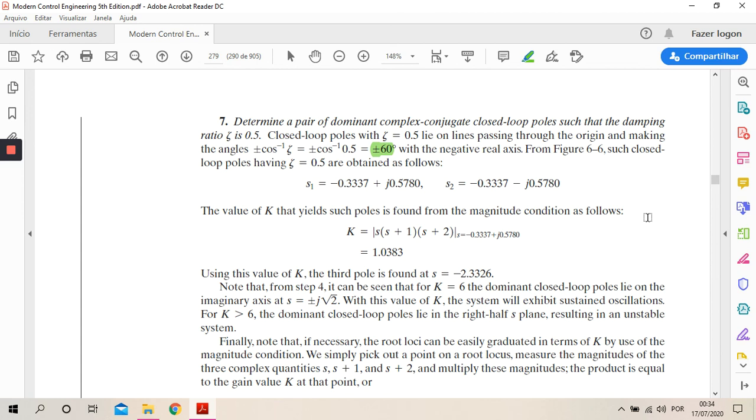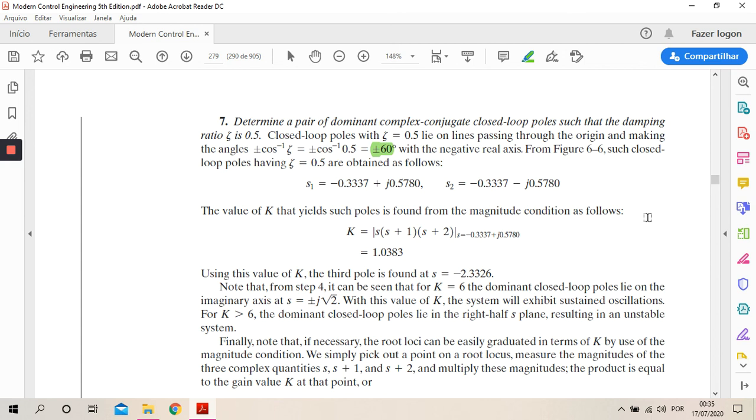And let's see the purpose of finding this gain. We want a damping ratio equal to 0.5. And from the figure, the closed loop poles are obtained as follows. s1 equal to negative 0.3337 plus j 0.5780, and s2 equal to negative 0.3337 minus j 0.5780.